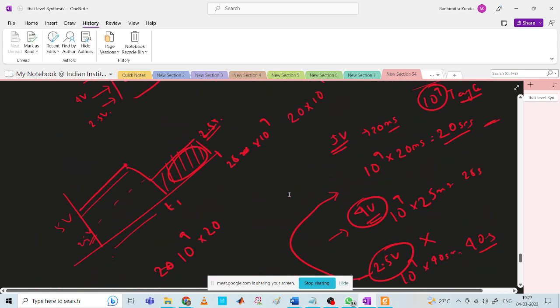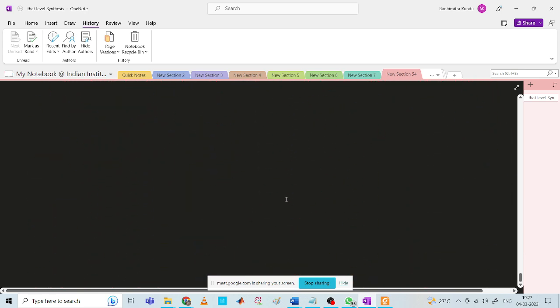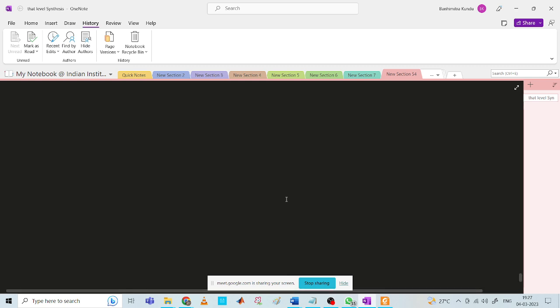Any other questions? But there are several situations in real world where you need to switch power. Okay. So this example does not try to prove anything. This example is just a scenario where you can switch.